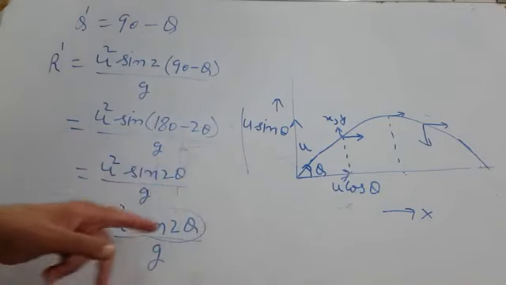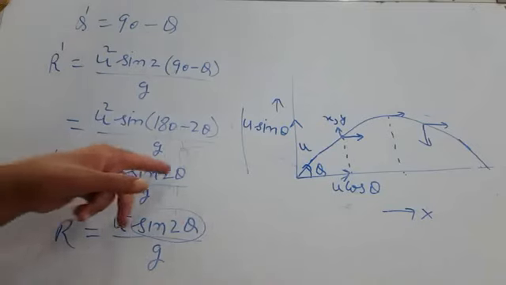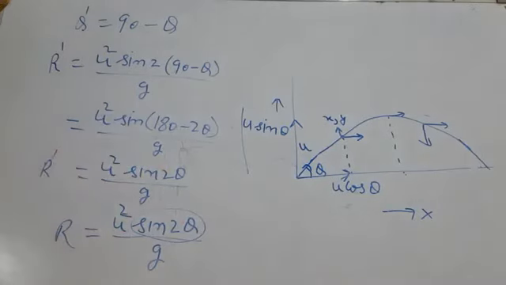R was u square sine 2 theta by g. R prime is also u square sine 2 theta by g. So whether the angle of projection is theta or 90 minus theta, in both cases the horizontal range will be the same. So prepare these topics. In the next lecture we will discuss it further. Thank you.